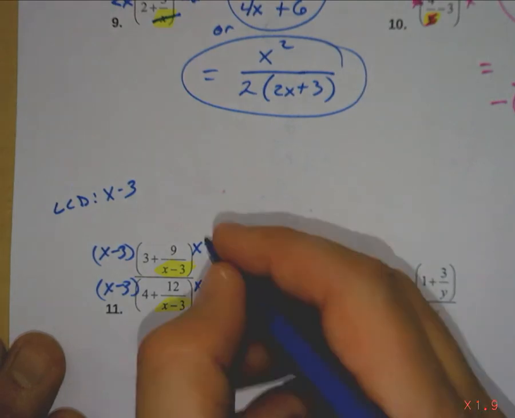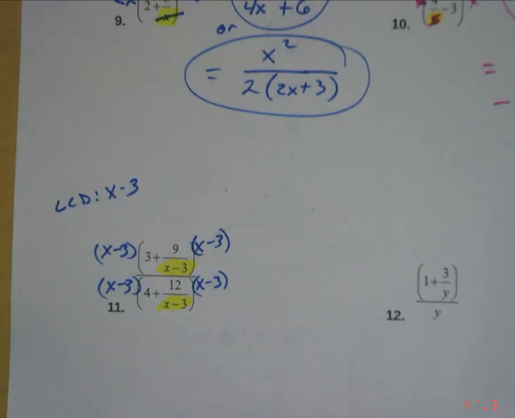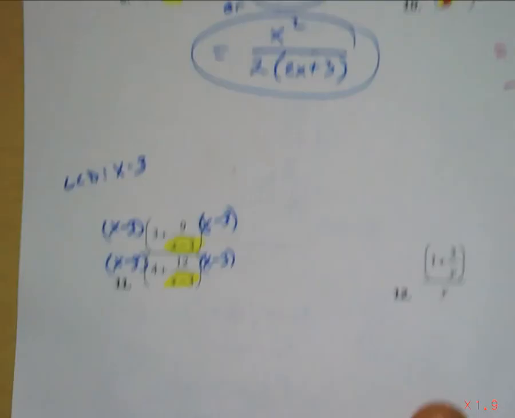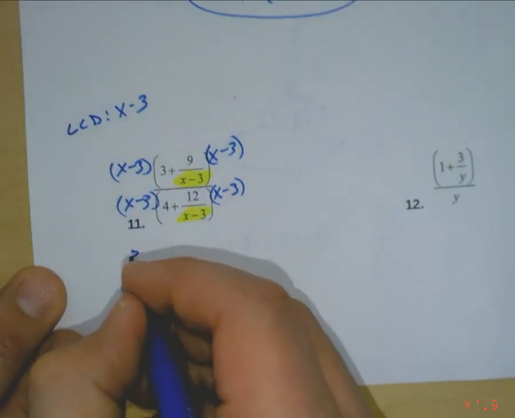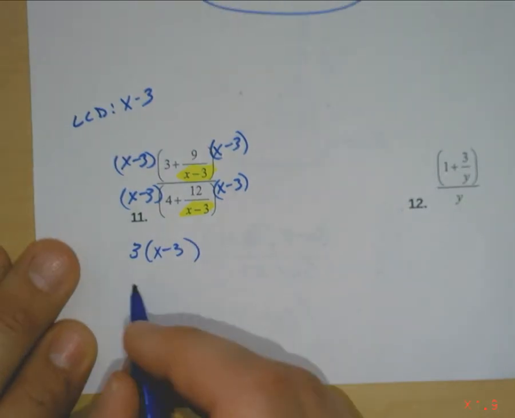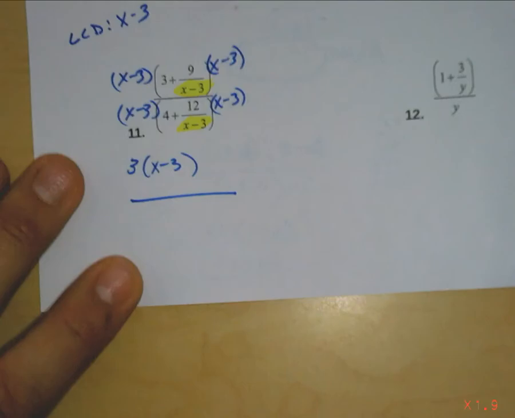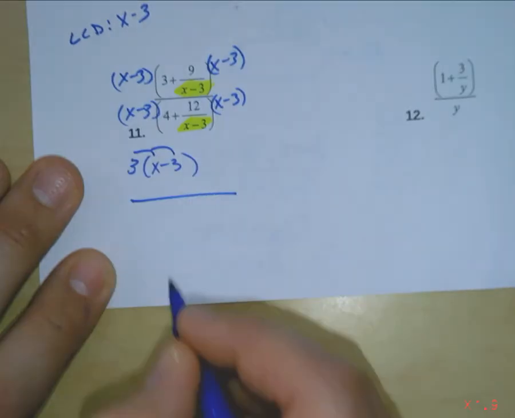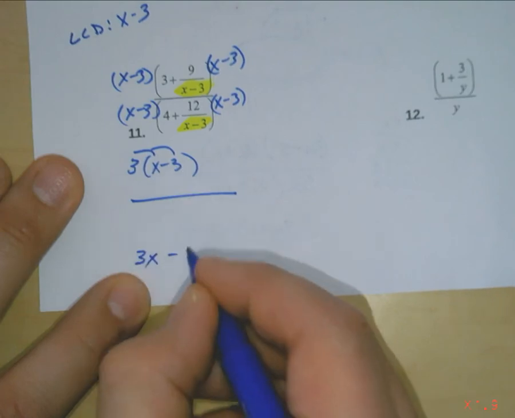If you want to put parentheses around them, you can. You don't have to. All right, let's see what we get. So when I have x minus 3 times 3, you can write it like this, or if you want to simplify right away and distribute, this is usually what I do: 3 times x is 3x, 3 times negative 3 is negative 9.